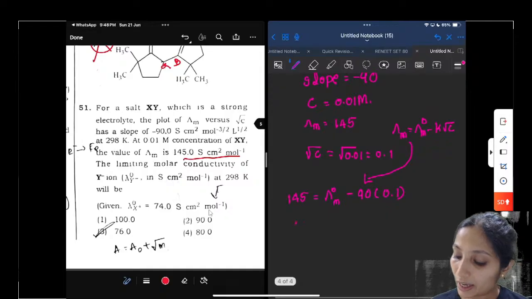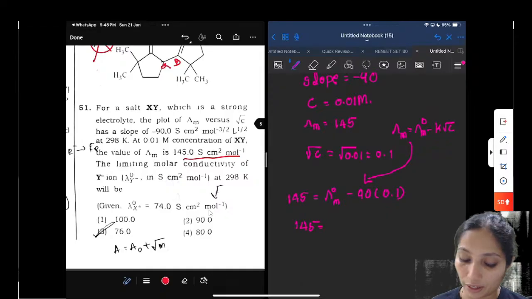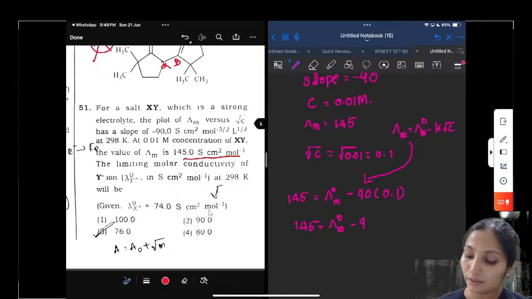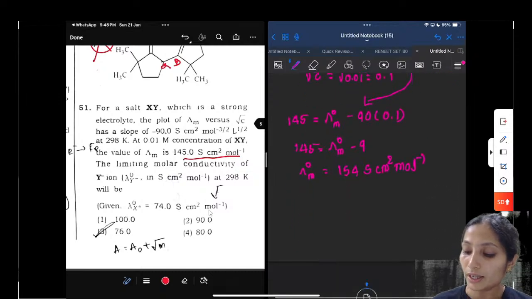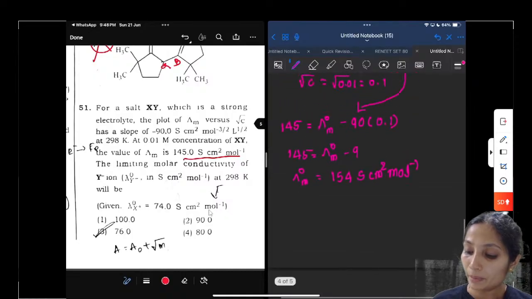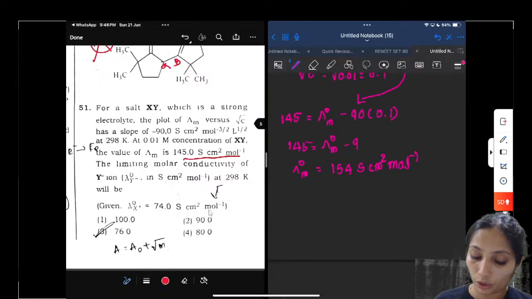So we get 145 is equal to lambda m naught minus 9. Here lambda m naught is equal to 145 plus 9, that is nothing but 154 Siemens centimeter square per mole. So this is what we get. Now I got the lambda m naught value.